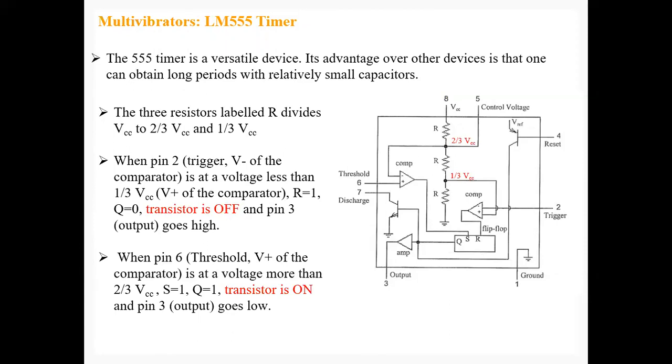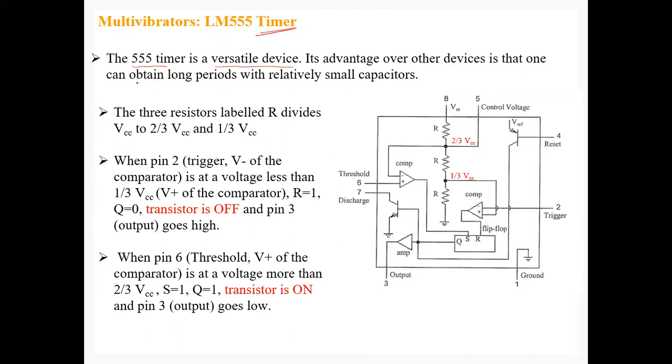There are various kinds of timing devices or timers, but this 555 timer is a versatile device. The advantage over other kinds of timer devices is that it can obtain long periods with a relatively small capacitor.